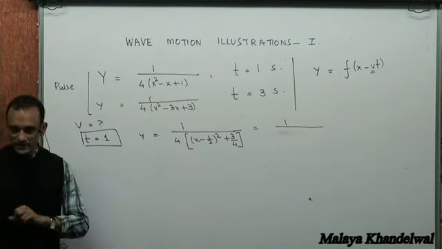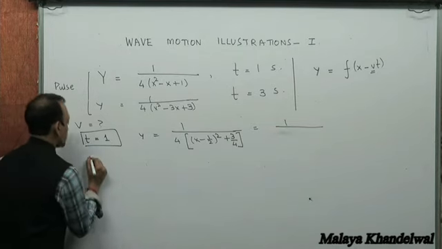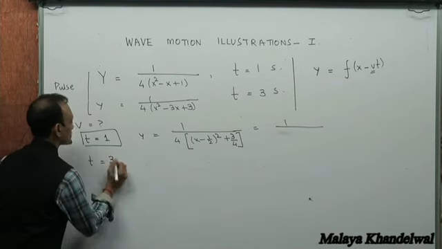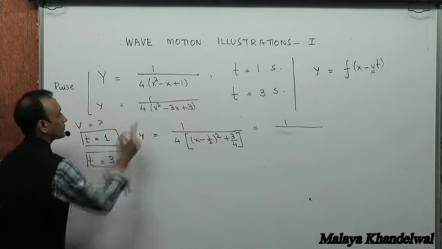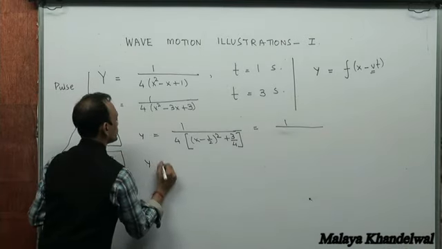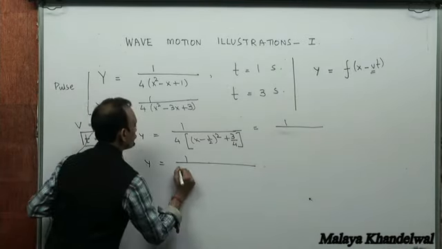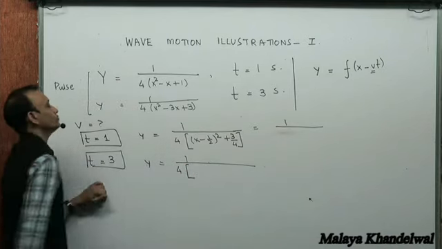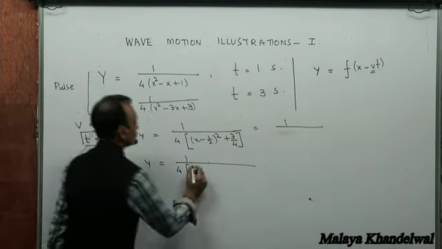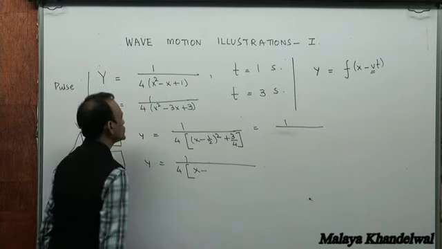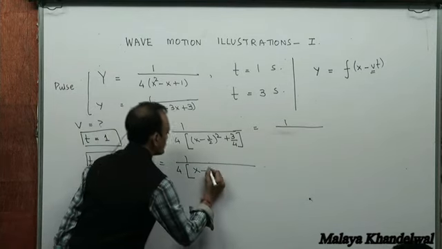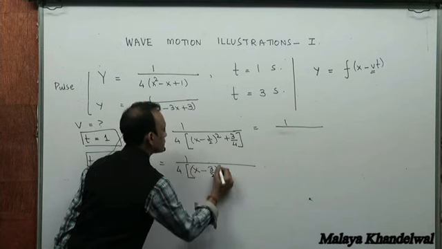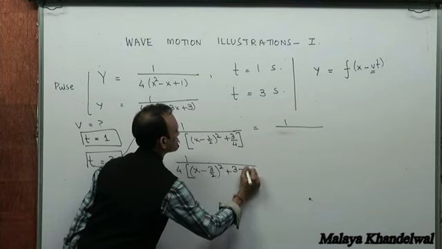This is at t equal to 1 second. At t equal to 3 seconds, this y would be 1 by 4 into (x minus 3 by 2) whole squared plus 3 minus 9 by 4.